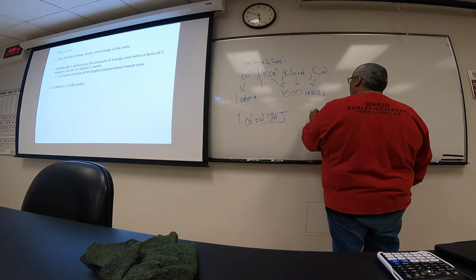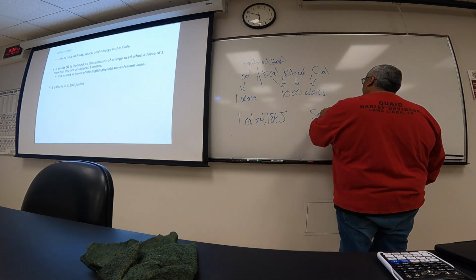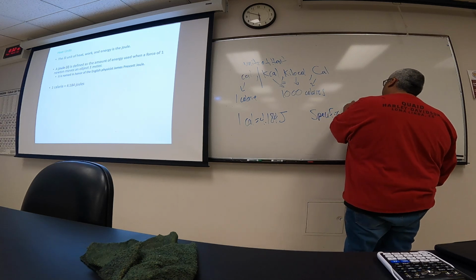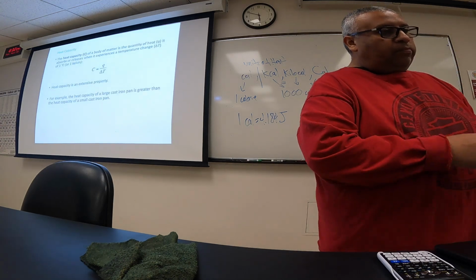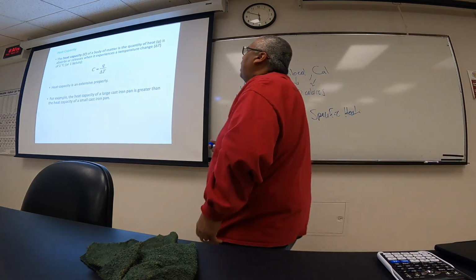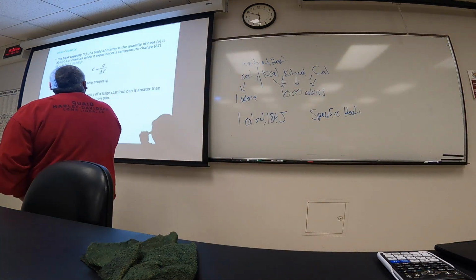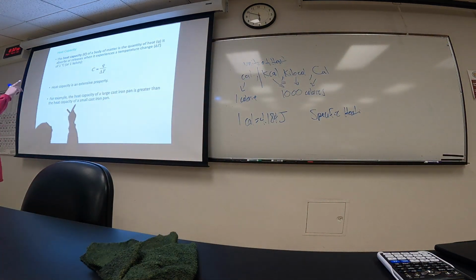So we're also going to talk about something we call specific heat. So heat capacity, right? Heat capacity is the quantity of heat that some matter is going to absorb or release.